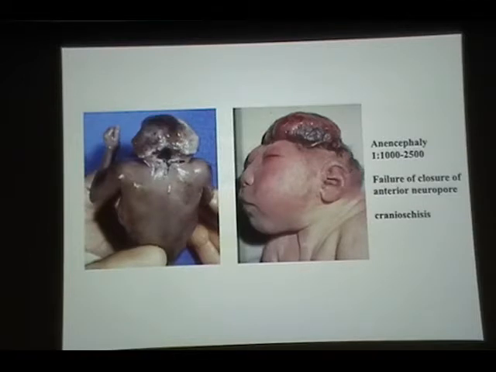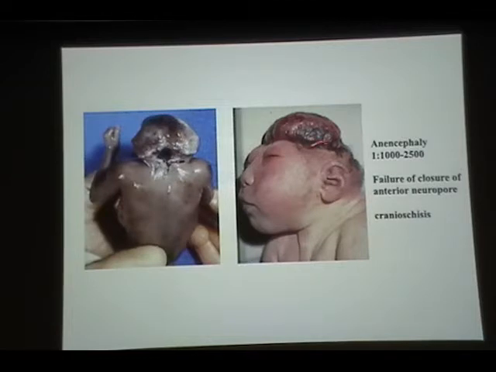Difficulties with intramembranous ossification. We're even earlier than that, closure of that anterior neural pore, closure of the neural tube anteriorly. So the neural tube stayed open, so no cranial cavity could form properly. This tissue was exposed to amniotic fluid. Amniotic fluid degraded it, ate it away.